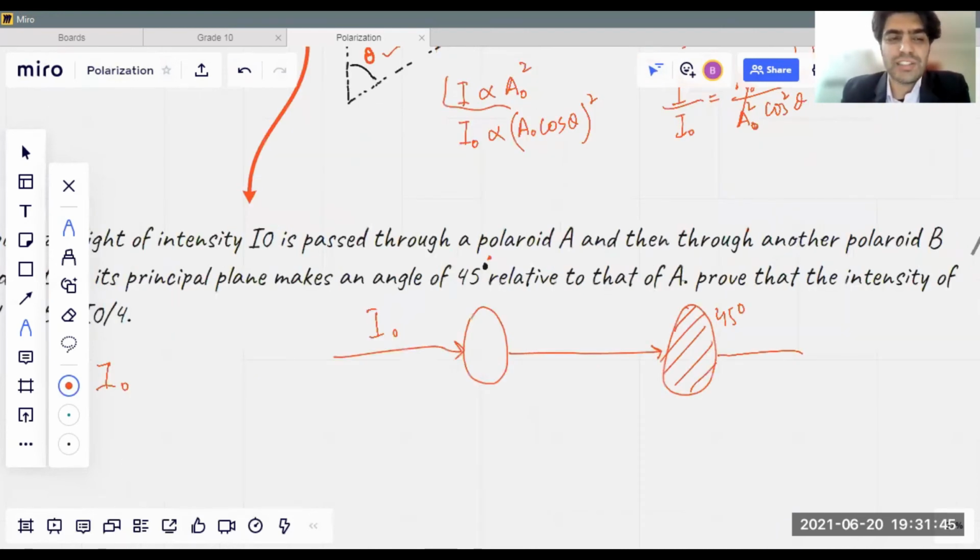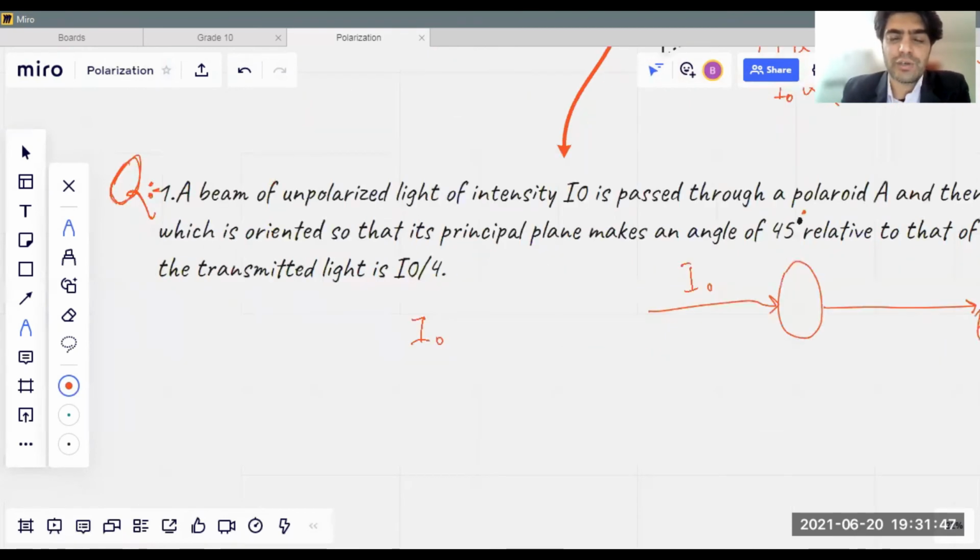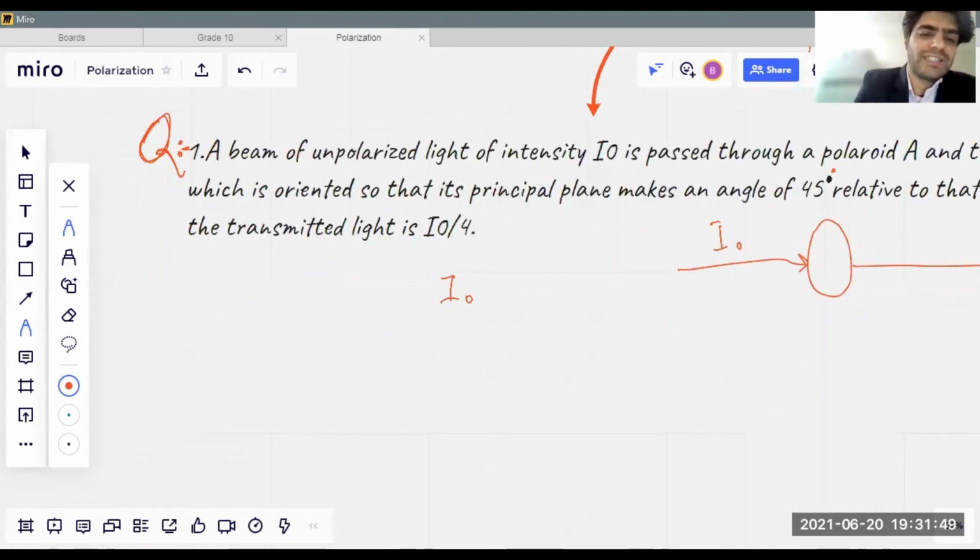Prove that the intensity of the transmitted light is I naught upon 4.